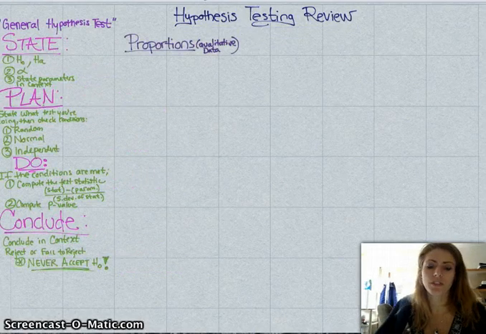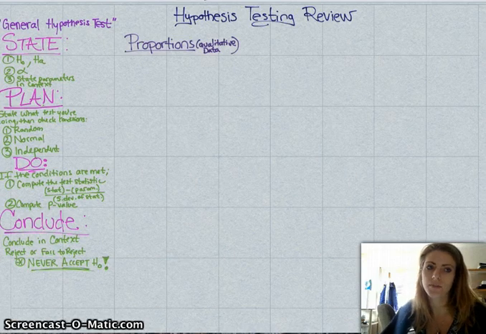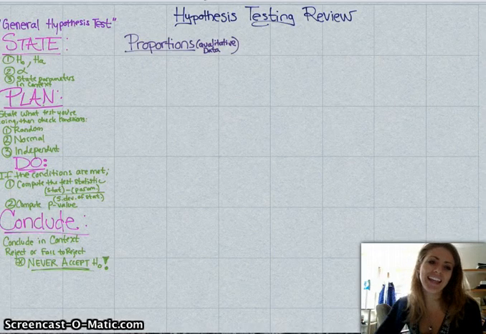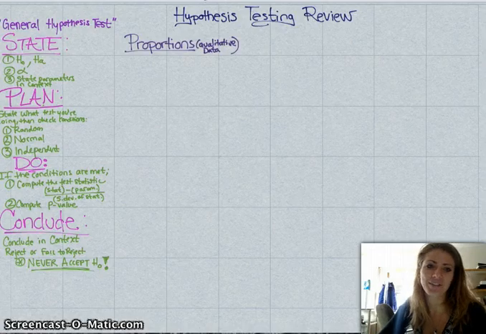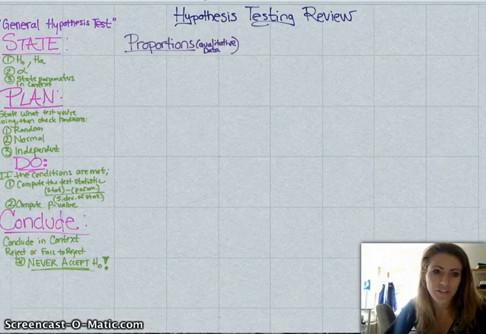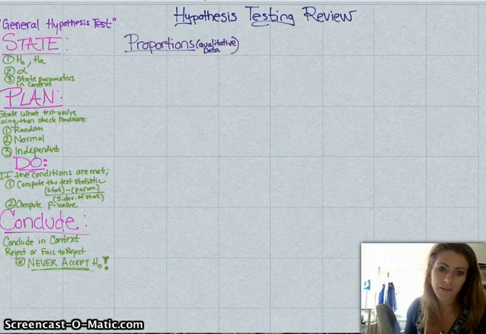Proportions are always for qualitative data: colors, names of things, restaurant types, types of meals, anything that's categorical or qualitative data. Your null hypothesis and your alternative hypothesis are going to be that the true proportion is blank or is not blank, whatever the claim is.